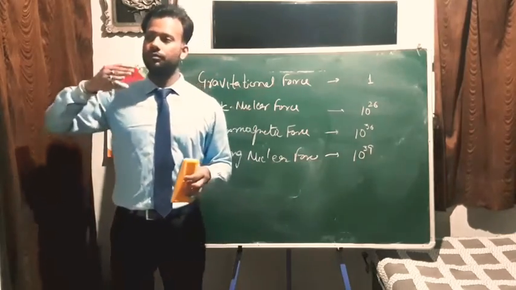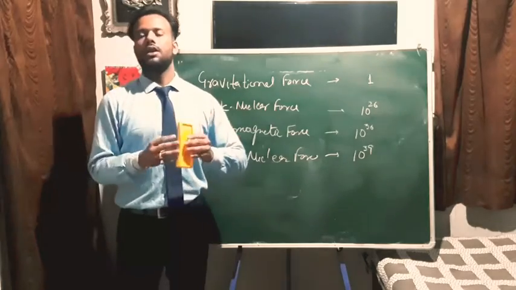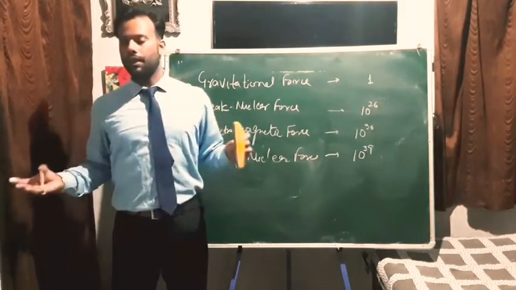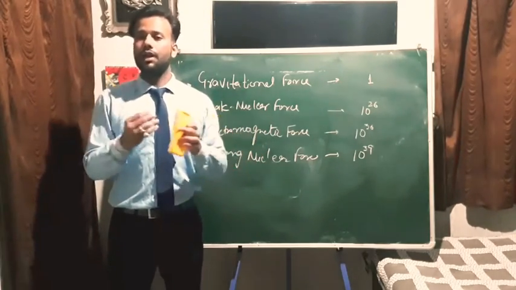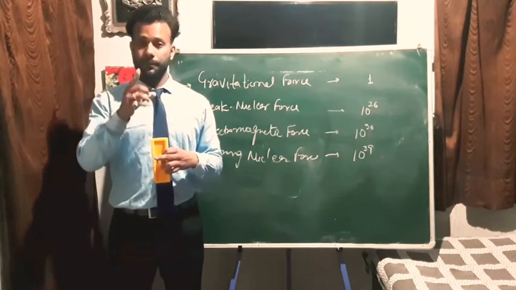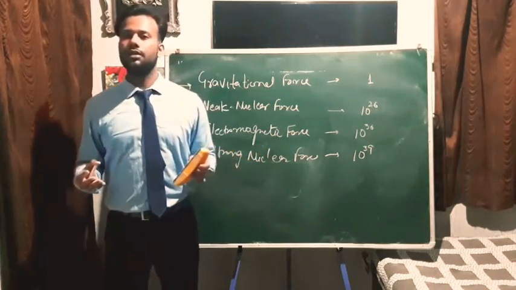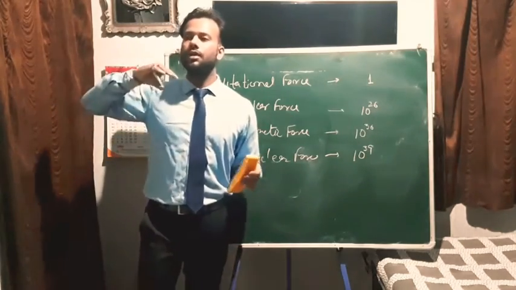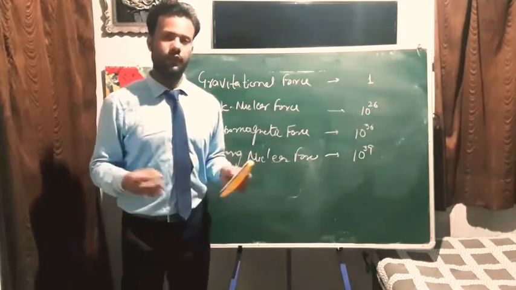Two hydrogen nuclei come and fuse into each other, and they form a helium atom, and an enormous amount of heat is produced from it. So when lighter atoms interact with each other and form a heavier atom, the force involved is nothing but the weak nuclear force. I just explained to you. So if these forces cease to exist, then obviously what will happen? We can't have the energy that is produced in the sun, and without that energy we can't survive.